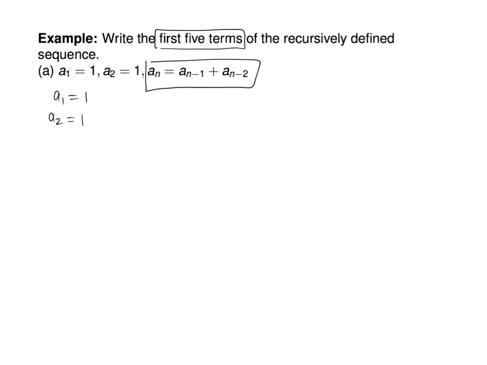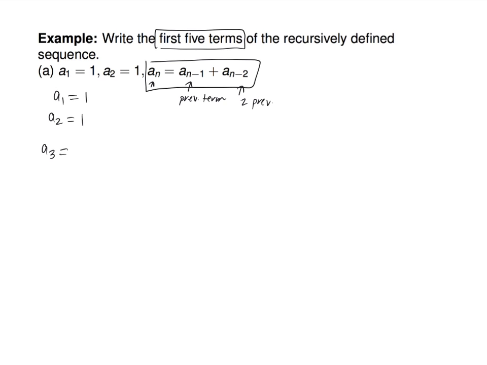Okay, so what is a sub n minus 1 relative to a sub n? Before or after is the previous term. So this is the previous term. Does that idea make sense? How about this a sub n minus 2? Second previous. And I'll explain what I mean with numbers.